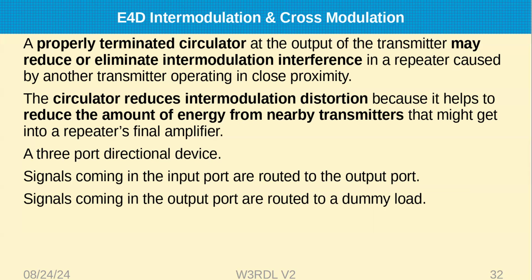Because on a repeater, you're copying the input signal to the output frequency on the same antenna at the same time. So it allows the input to come in and the output to go out without the output getting fed back into the input of the repeater.